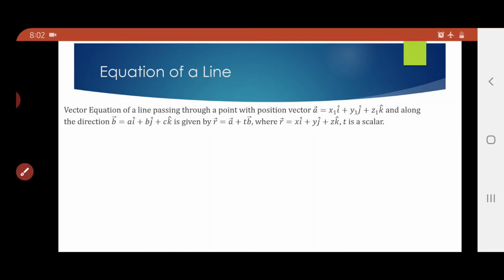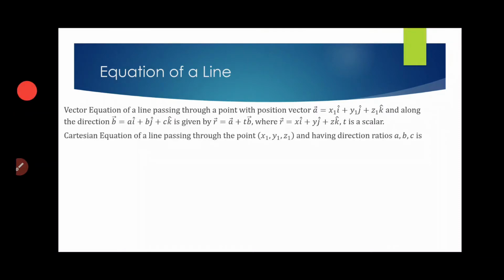So therefore r vector is equal to a vector plus t times b vector, that is the equation of the line in vector form, where r vector is the current coordinate, that is x, y and z. Now if we write the same thing in Cartesian form, that is the scalar form, if I consider x1, y1, z1 to be the point on the line, and a, b, c is the direction ratio of the line.